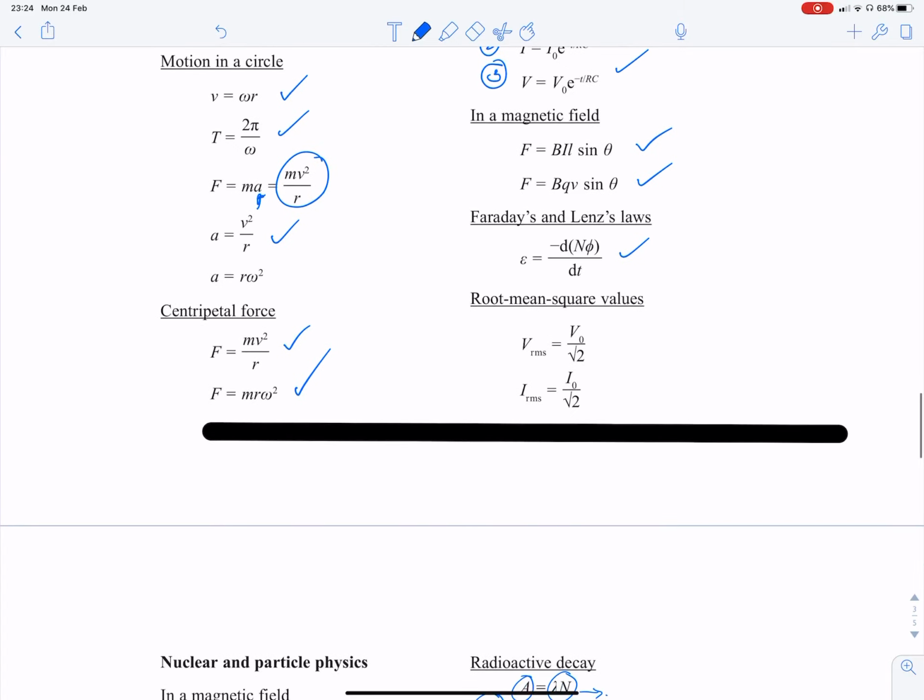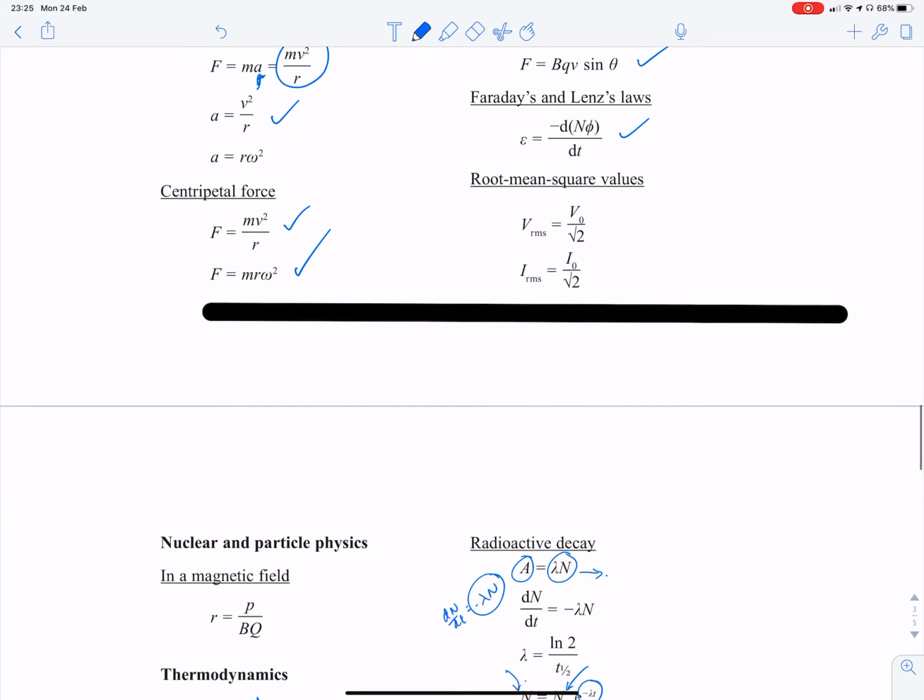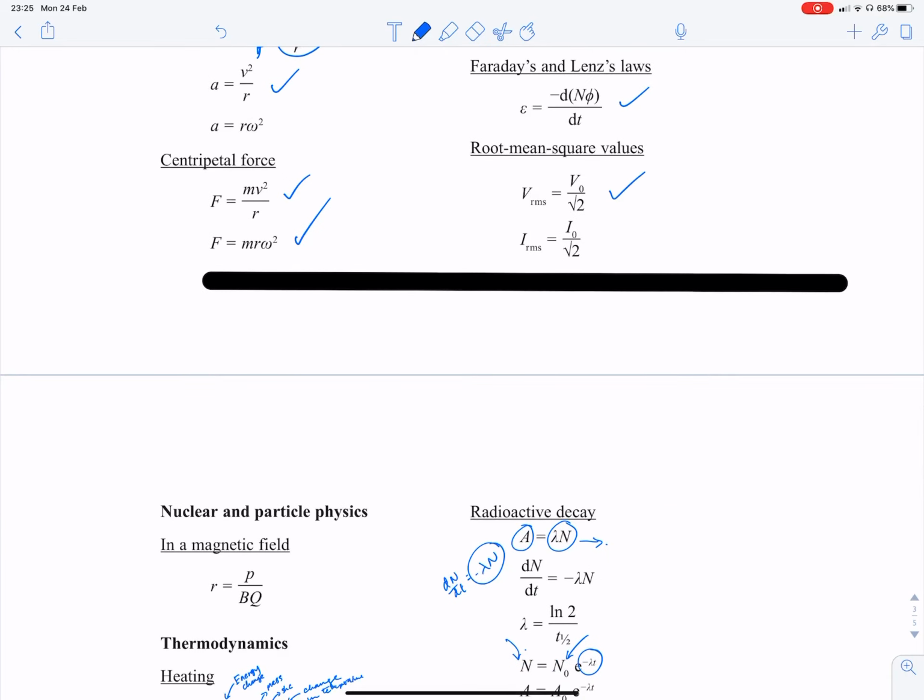Root mean square values. The root mean square voltage is V naught over square root of 2. Root mean square current is current sub 0 divided by root 2.